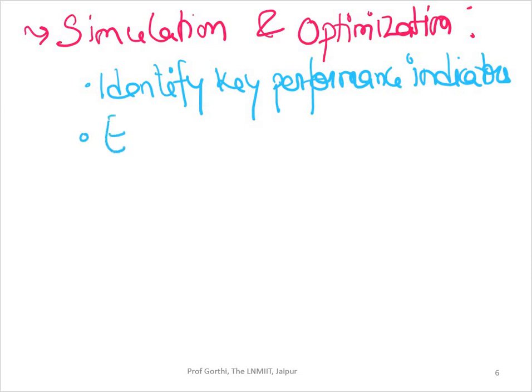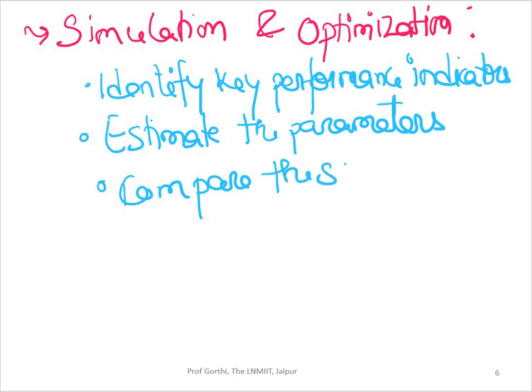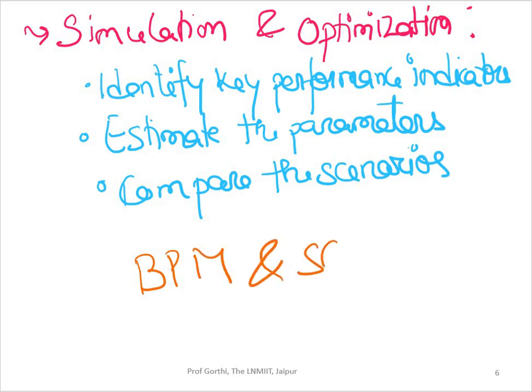I can estimate the parameters. And on top of it, I can compare the scenarios as well. All this becomes possible just by combining my business process modeling and the service oriented architecture.